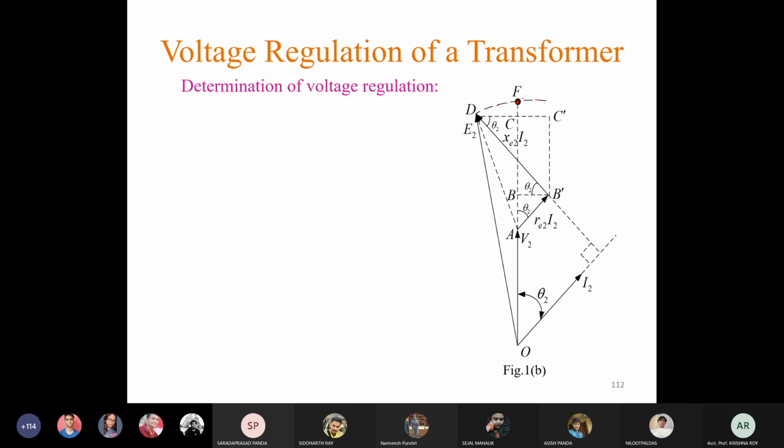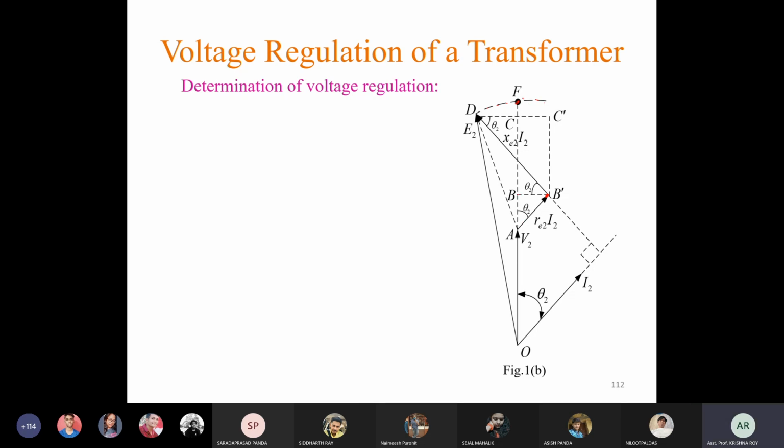Okay, now draw one perpendicular from this point on this extended line, that means the extended line of OA, on AF we can say.